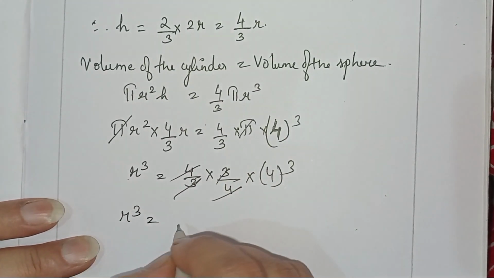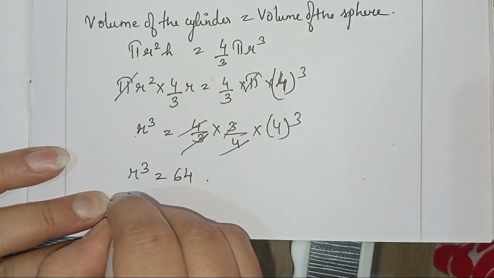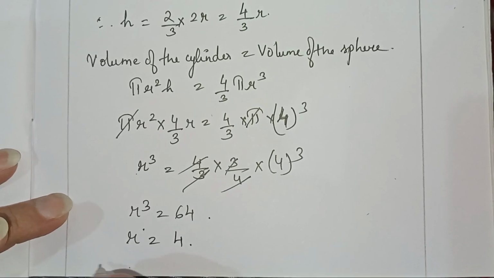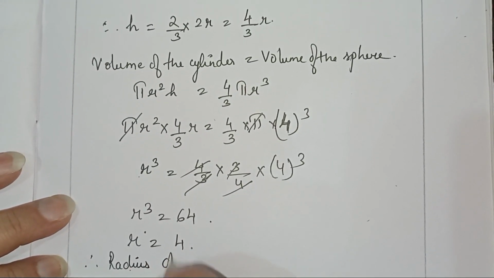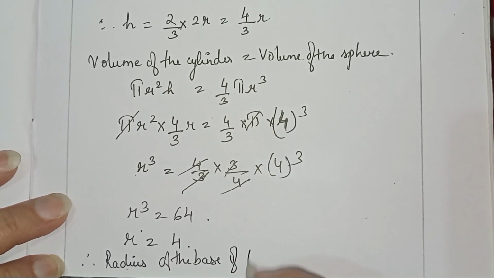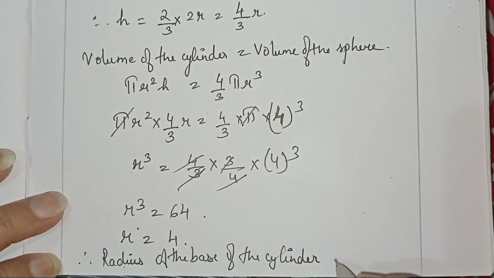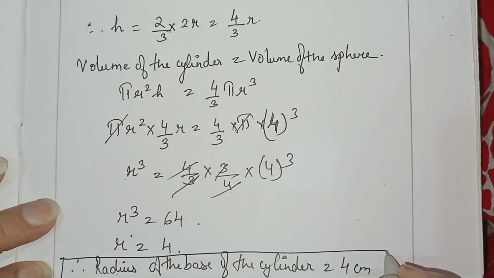R cube will be 64. R will be 4. Therefore, the radius of the base of the cylinder is equal to 4 centimeters. This is your answer.